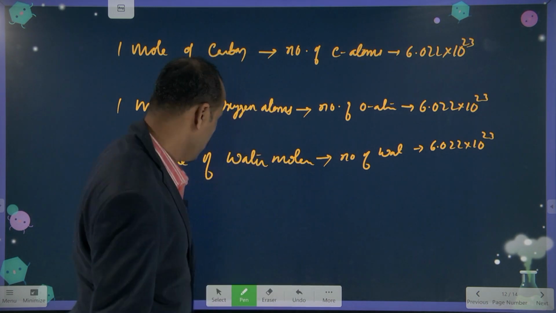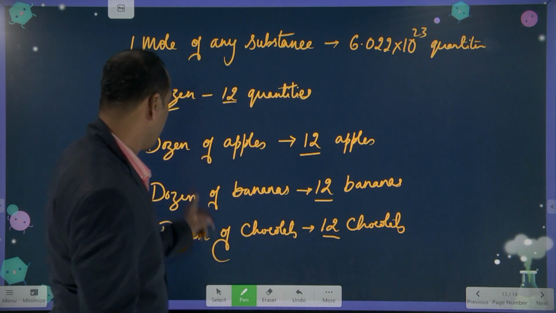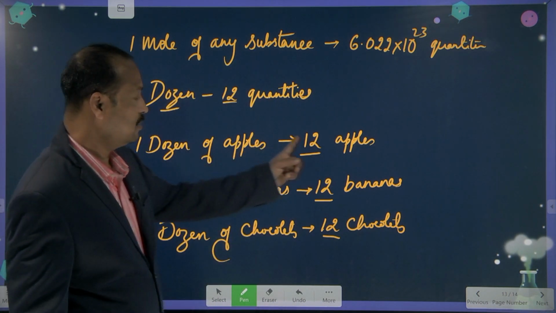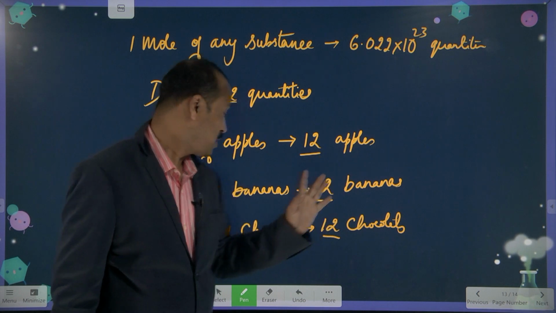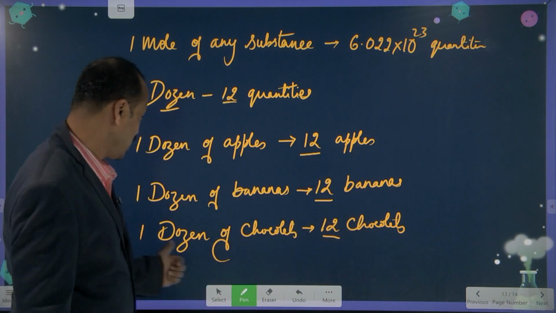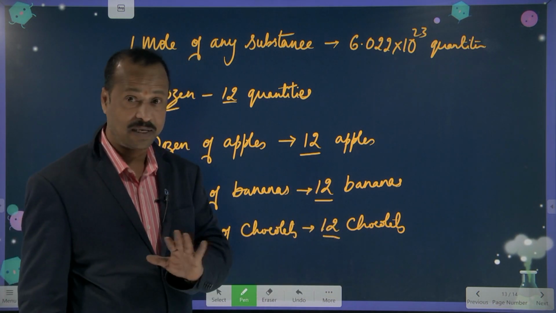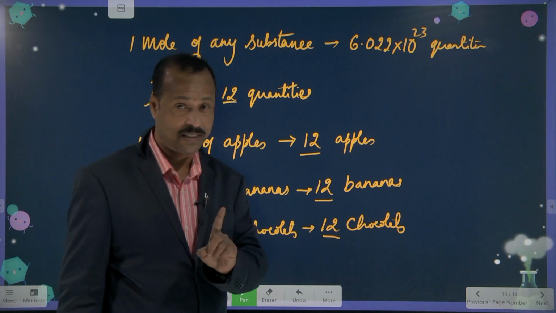Right. Now let's go to the previous slide. Here I am taking 1 dozen of apples. The number of apples is 12. 1 dozen of bananas, 12 bananas. 1 dozen of chocolates, 12 chocolates. All 12. The number is the same.